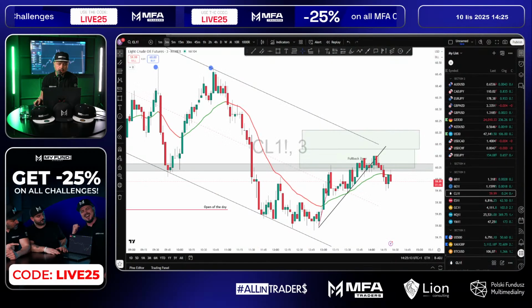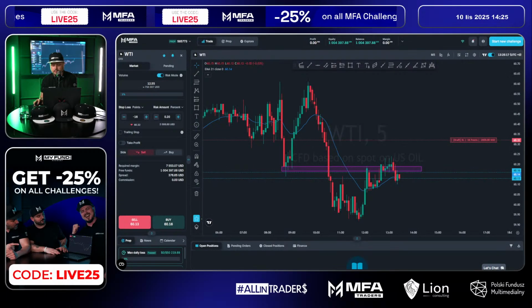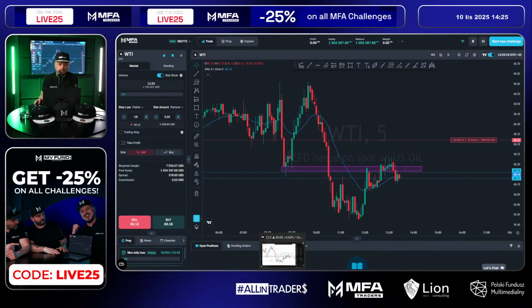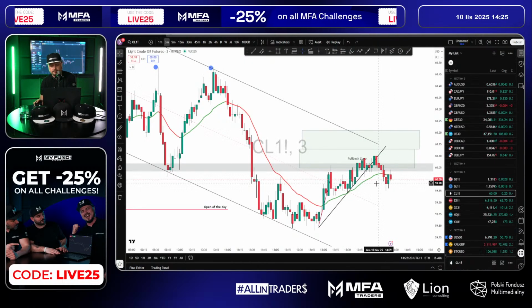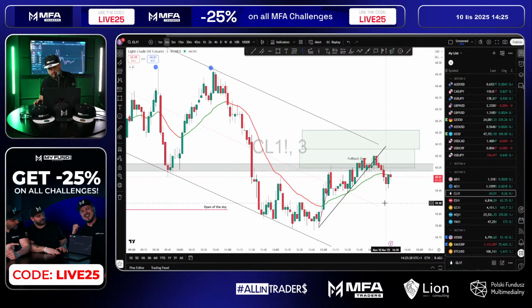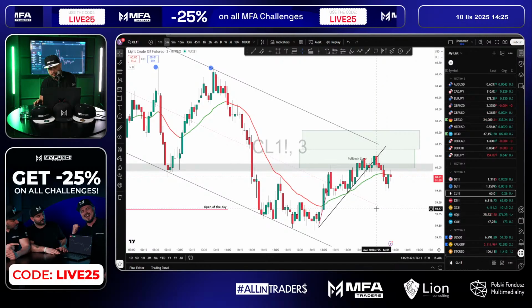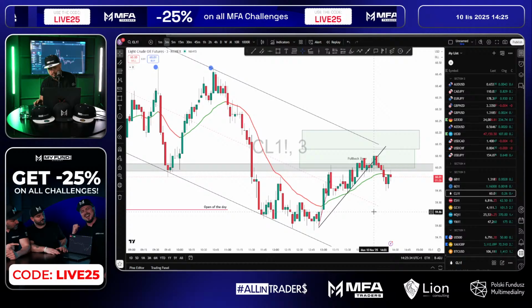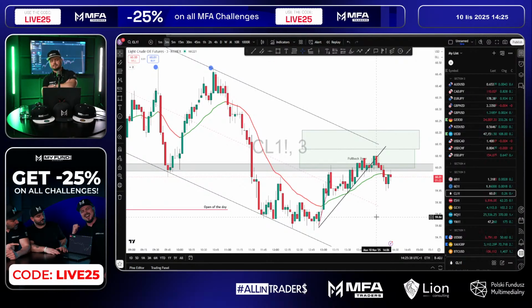So we are very close to open the position. This candle looking good. It's a 3 minutes candle, so I need to stay on this chart. Strong bearish candle, and we are good to go. Not yet.